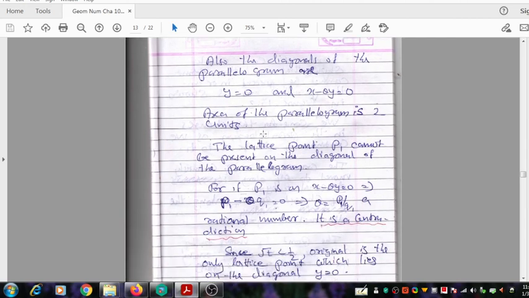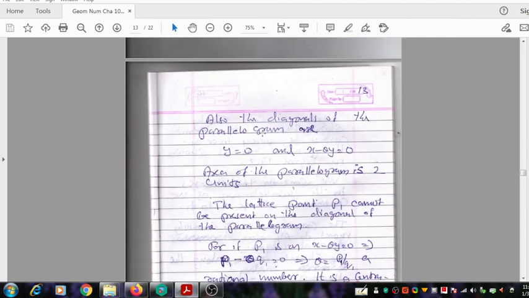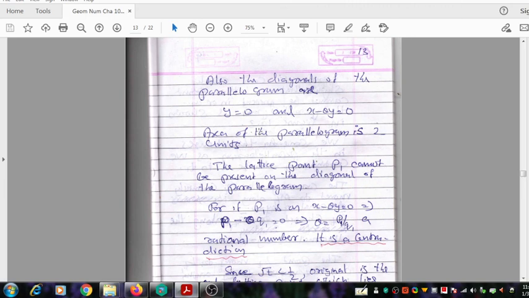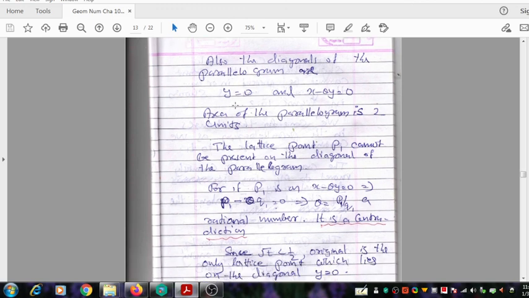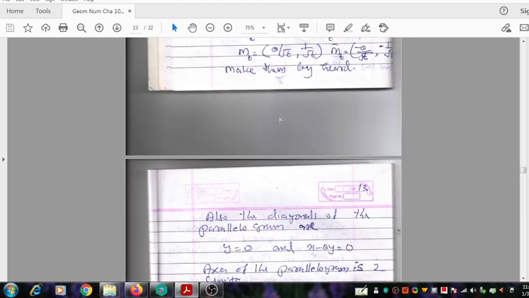Next, we consider the diagonals of the parallelogram R. See, from the figure it is clear that one diagonal is y equal to 0 and the other diagonal is x minus theta y equal to 0.